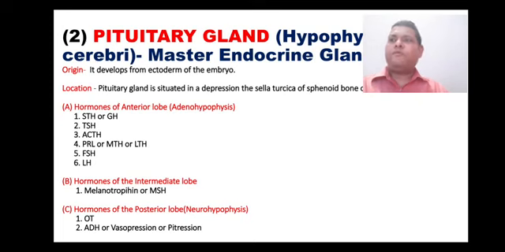Hormone number 4, PRL or MTH or LTH: prolactin hormone, mammotropin hormone, or luteotropic hormone.